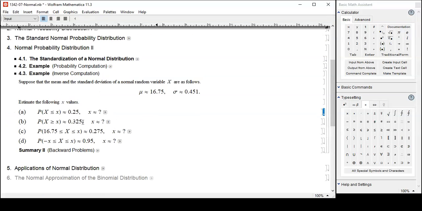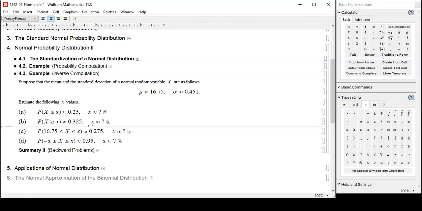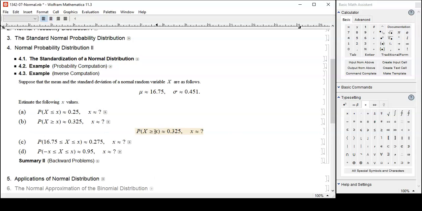Now, how do you do something like this? So x is greater than something is 0.325. So in this case, you're doing this. If you flip it over to the other side, it's 1 minus of that, so 0.675.